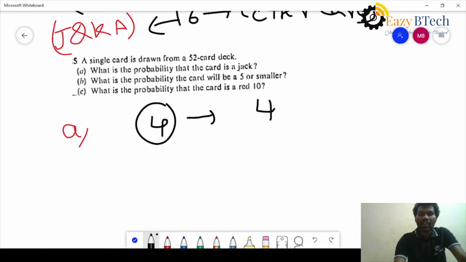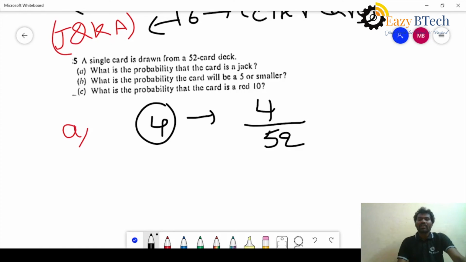Out of the four jack cards, we can get any. So the probability of getting a jack card is 4 by 52. That means the number of favorable cards is 4, and the total number of cards is 52. So the probability is 4 by 52.